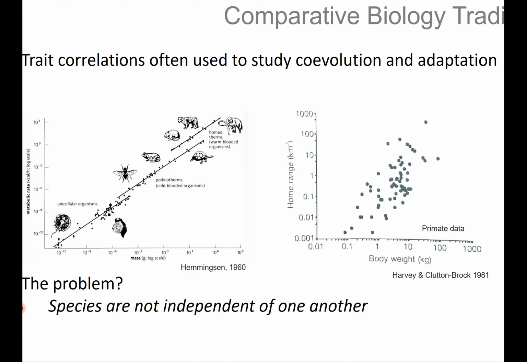But the problem that was recognized is that the data points, species, these observations, are not independent of one another. And so what is actually required are tools that account for phylogeny, that account for that lack of independence throughout the analysis. And we call these phylogenetic comparative methods.